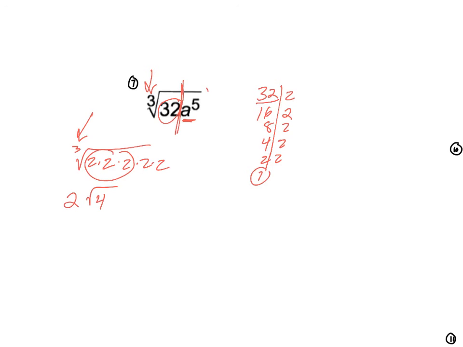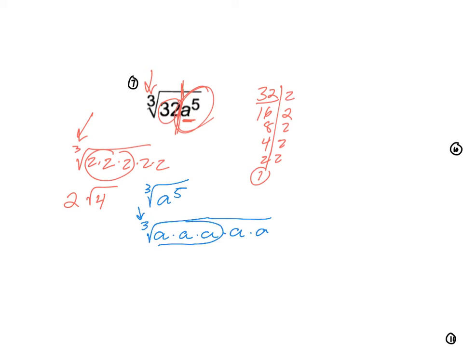Now, this part is separate. This is the letter. So the cube root of a to the 5th, it's like having 5 a's, 1, 2, 3, 4, 5. Again, being a cube root with an index of 3, we're looking to take out every 3 a's, so we can take out 1 a, and we're leaving a squared inside of the root.